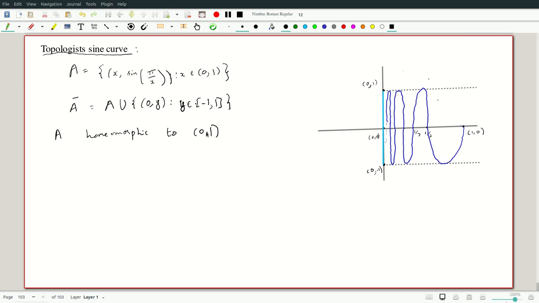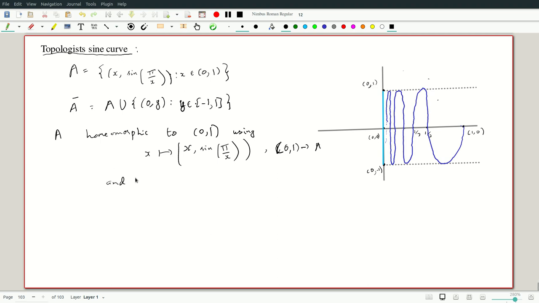And indeed, you can see the inclusion using, in one direction, the map x goes to (x, sine of pi over x). So this is a continuous map from the open interval (0, 1) to A.